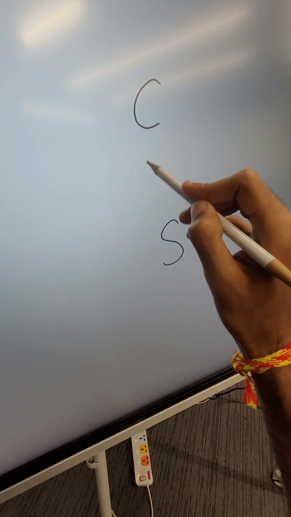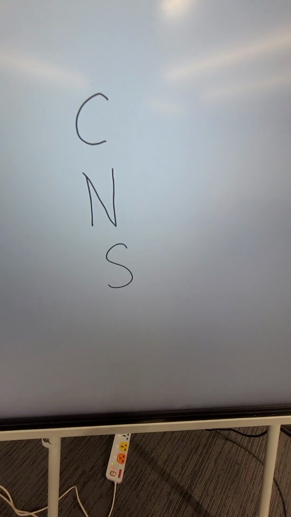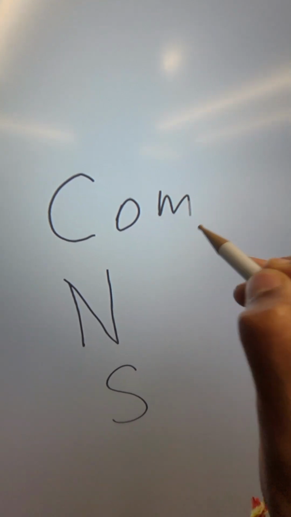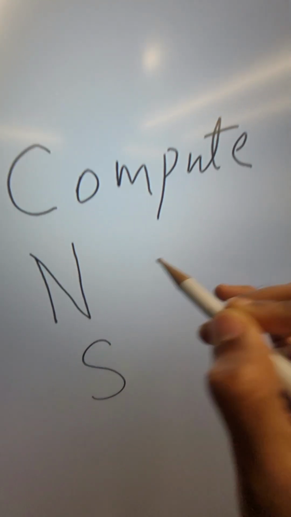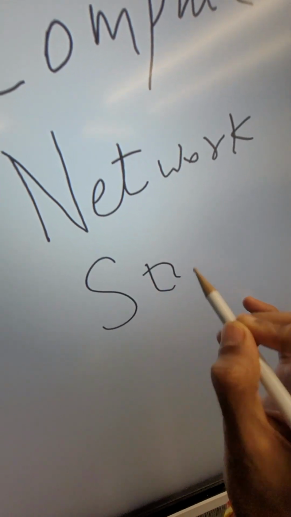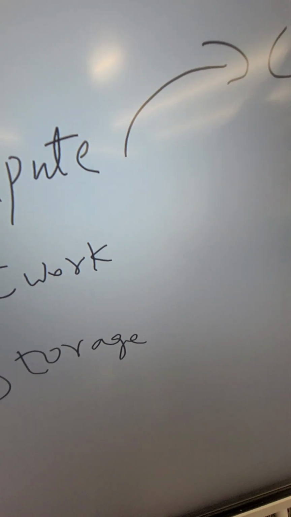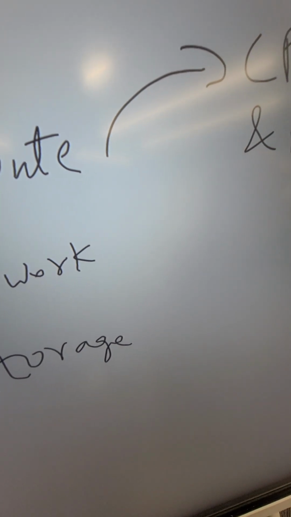So when I think about computers and resources, I think about CNS. That is basically compute, right? Network, storage, right? And usually for compute, I think of CPU and RAM.